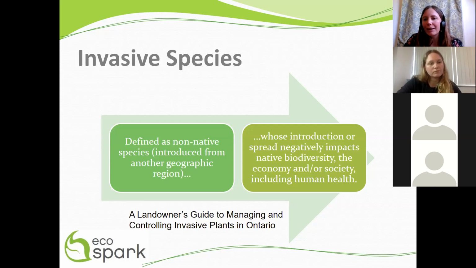Although people might think of poison ivy as being harmful, it's actually a native part of our ecosystem here, and it's not a problem plant in the sense of taking over or replacing native species. So with invasives, we're looking at those two pieces: it's introduced and it has negative impacts.